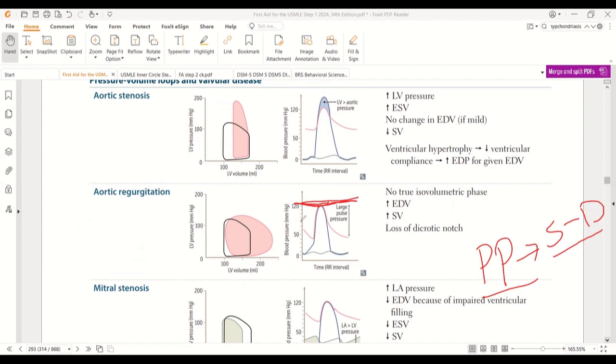Normally it is about 80 millimeters of mercury, but you noted that it is below 80. And the left atrial pressure remains normal, unchanged.